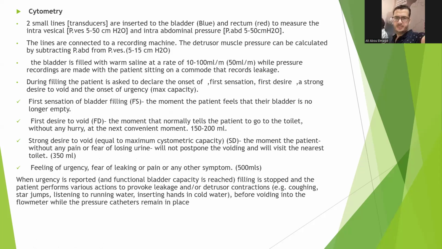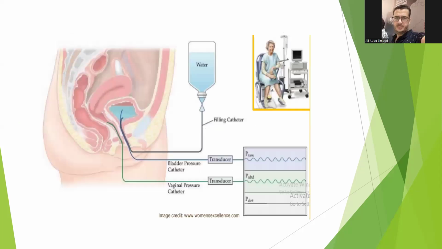When the patient reports that she can no longer hold any urine inside the bladder, we stop filling and ask the patient to do some action to provoke leakage, like coughing, listening to running water, or sometimes putting her hand in cold water. Any urine leak will be recorded by the uroflowmeter.